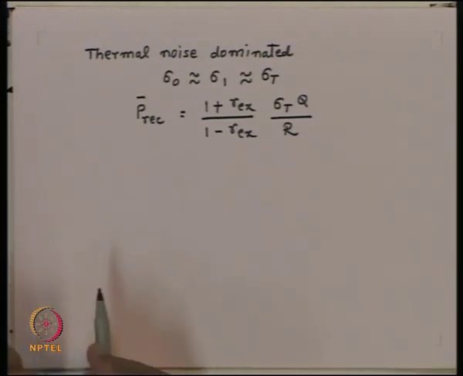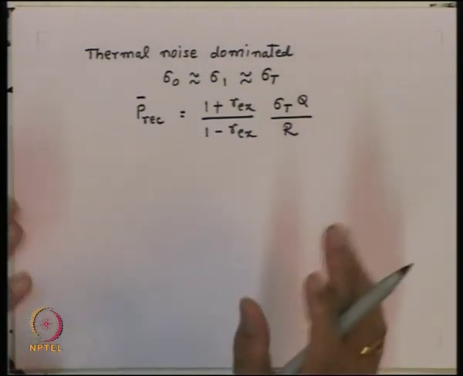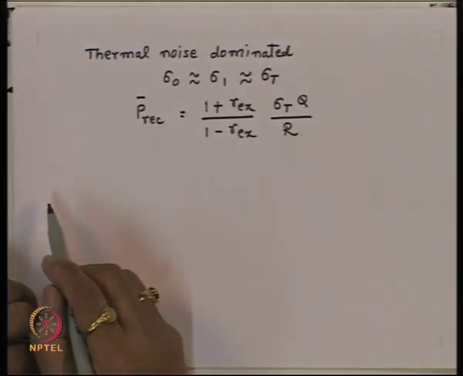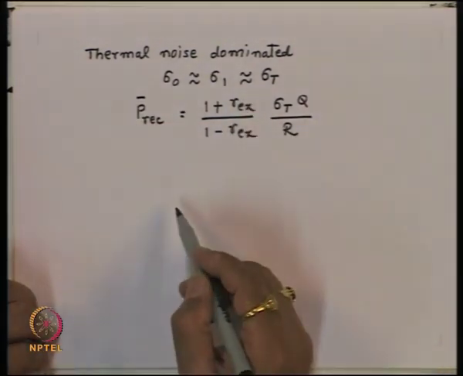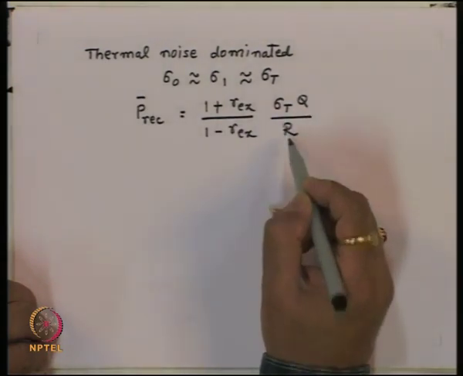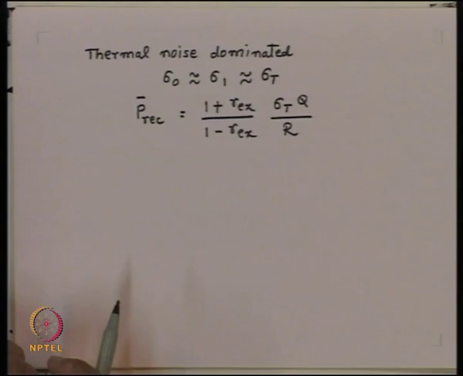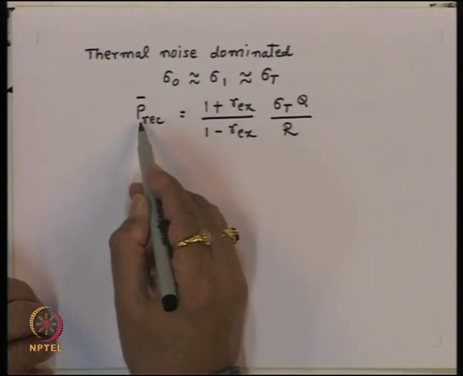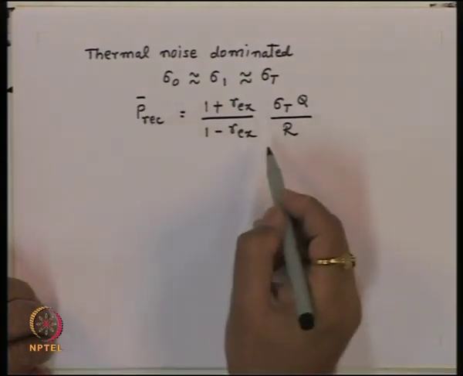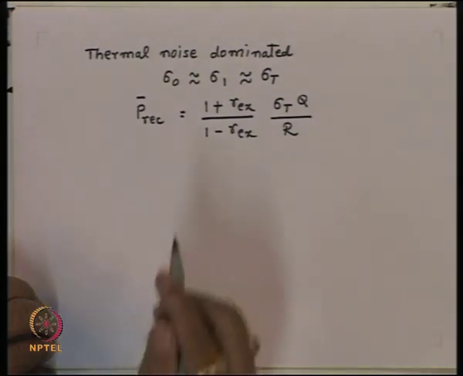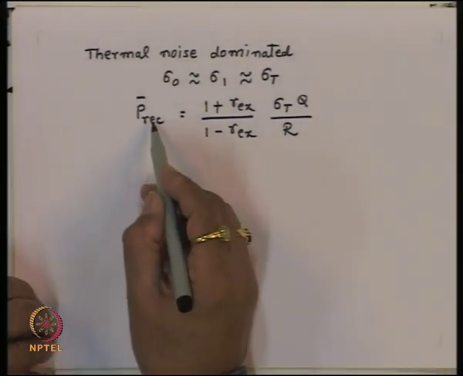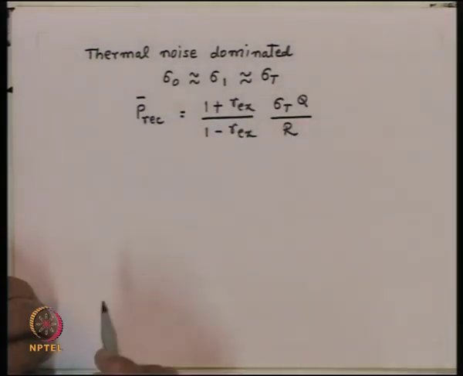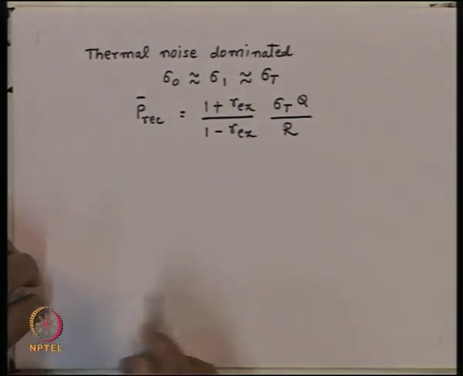So, now we say that if the extinction ratio was 0, that is the ideal receiver, then we would require the average power in the data, which will correspond to Rex equal to 0. So, that quantity will be simply sigma t q divided by R. Whereas now, when the extinction ratio is finite, you will require little higher power PREC compared to the ideal situation. So, the ratio of PREC for a given value of Rex compared to when Rex was 0, that we can call as the power penalty.